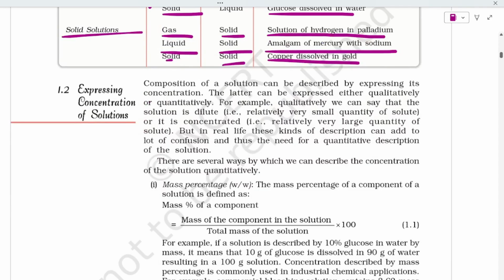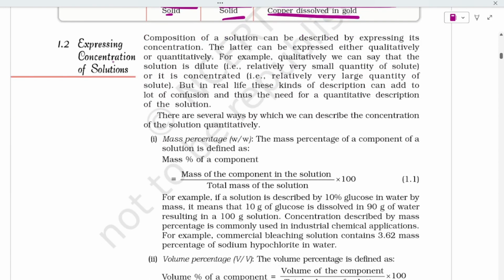Next, expressing the concentration of solutions. The composition of a solution can be described by expressing its concentration.